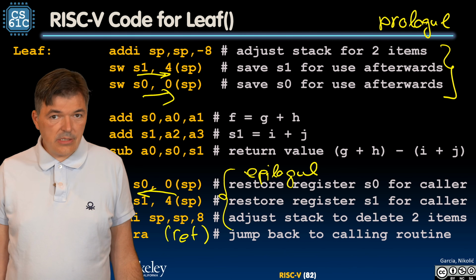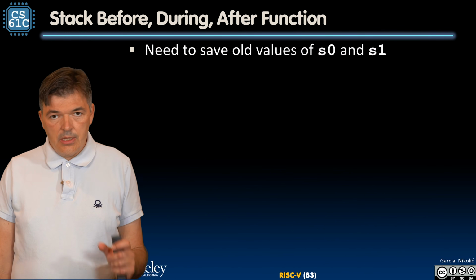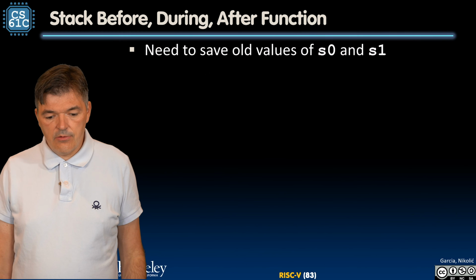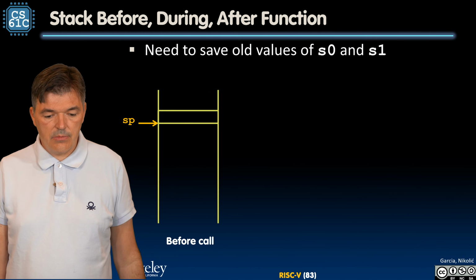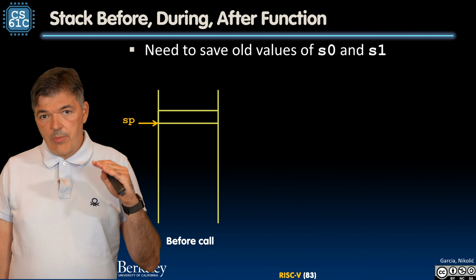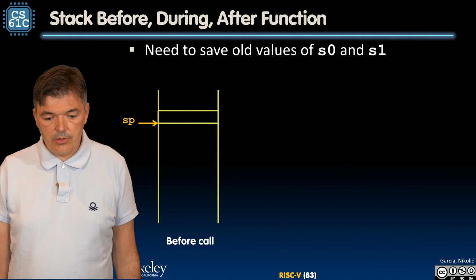And that is it. Now we have seen what a function call looks like. Let's just one more time revisit how the stack looks before, during, and after the function. The stack pointer is pointing to some memory location before the call.